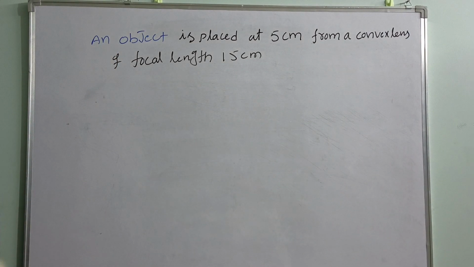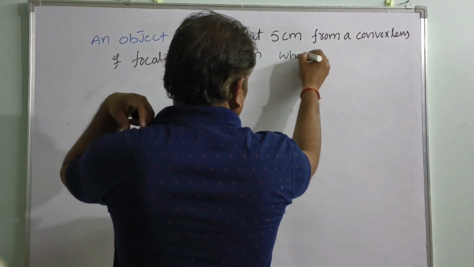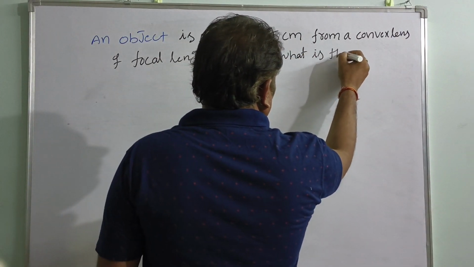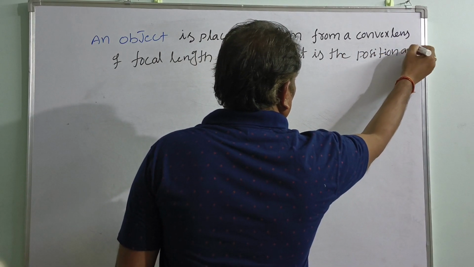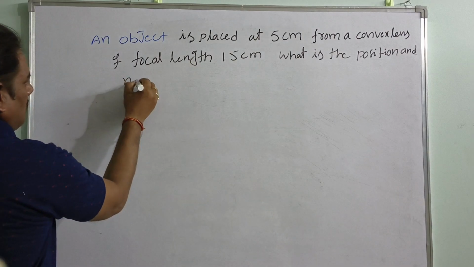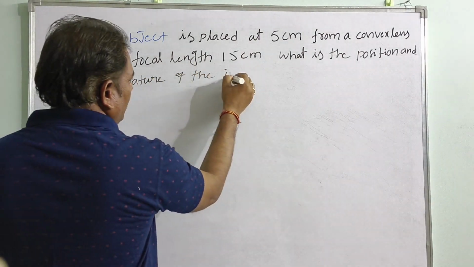What is the position and nature of the image?